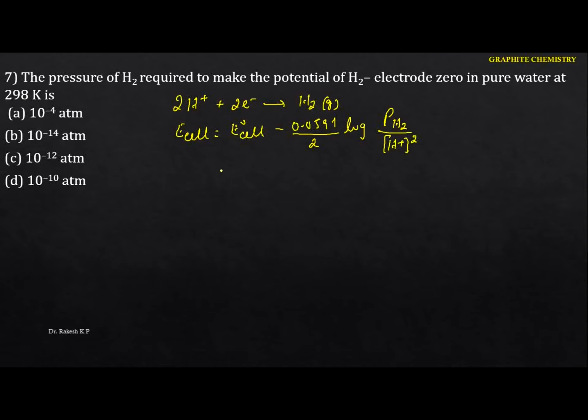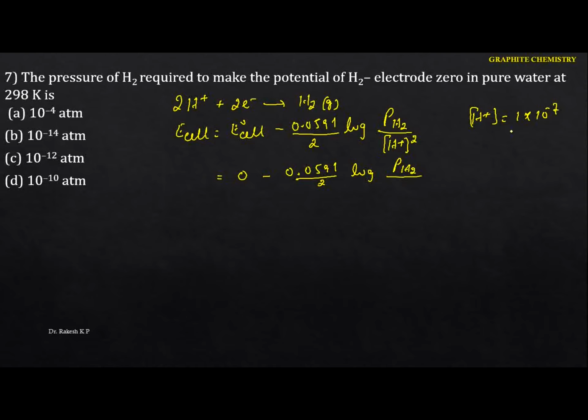Okay, just go to this one here. The E0 cell for the hydrogen electrode is 0. So minus 0.0591 divided by 2, into log of the pressure of the hydrogen gas divided by the concentration of H+ squared. For pure water, the concentration of H+ is 1 into 10 to the power of minus 7.